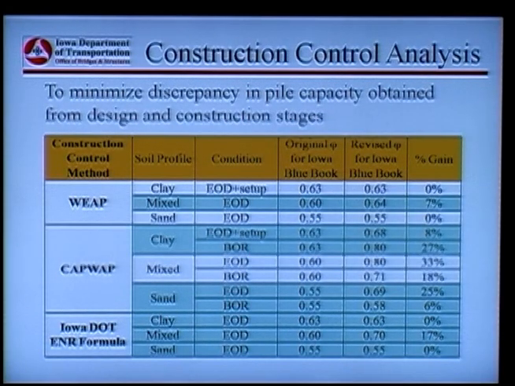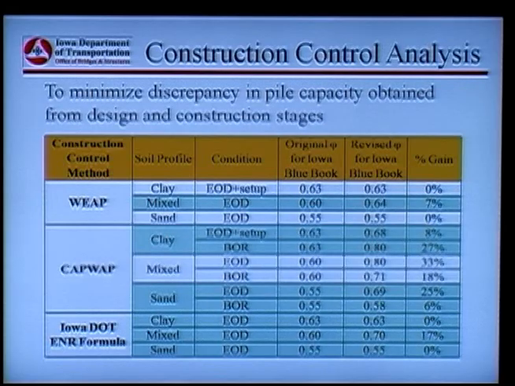All right, and this is another set of analysis. Basically, we try to minimize the differences between the capacity we estimate using Blue Book and the capacity that you determine in the field using WIP or CAPWAP or ENR formulas, right?